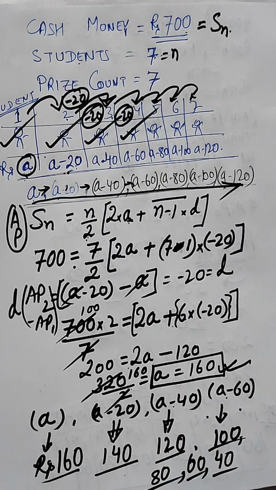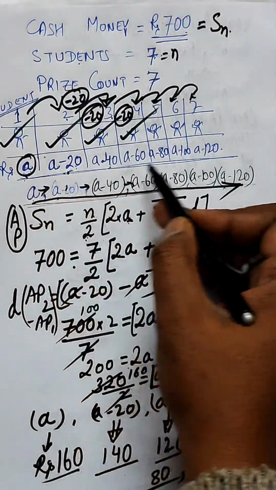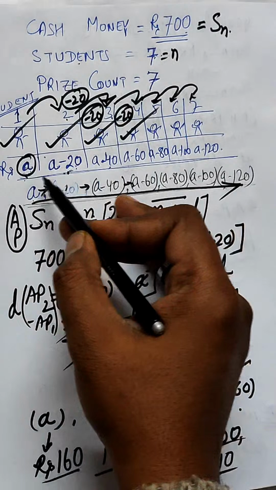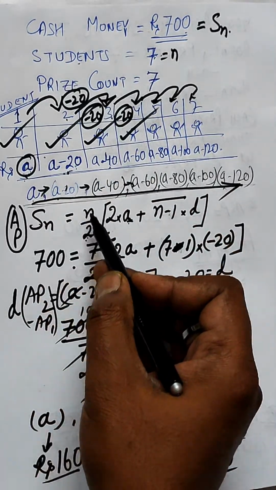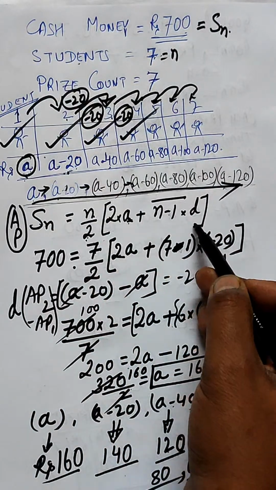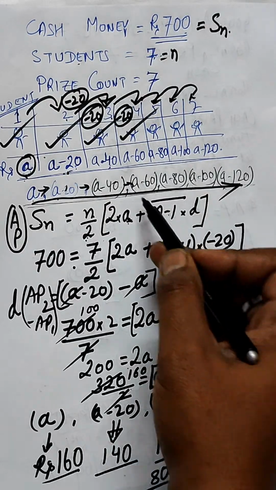So we have just derived the arithmetic progression. This is the sequence, this is the progression which we derived. Now we put up the formula Sn equal to n by 2 into 2a plus n minus 1 into d. d was the common difference. Common difference is calculated when you take any term.